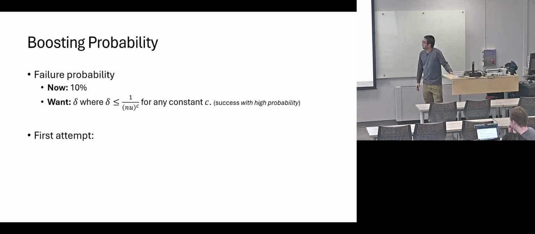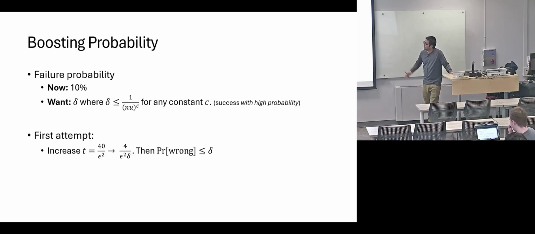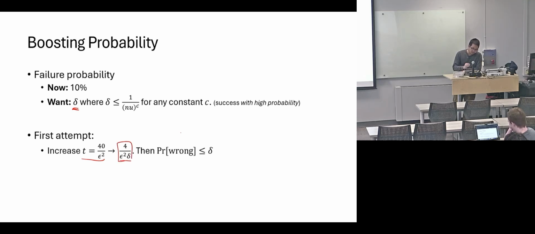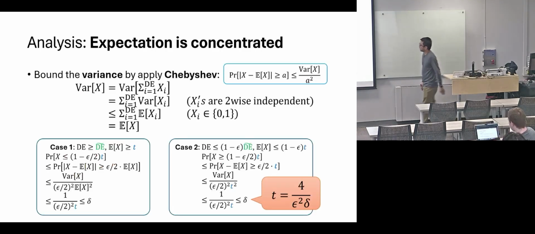And the first attempt that Scott just mentioned: if we want failure probability to be delta, we can just increase t to be this big. And we can see that the probability that we answer wrong is at most delta, because we have seen this before.